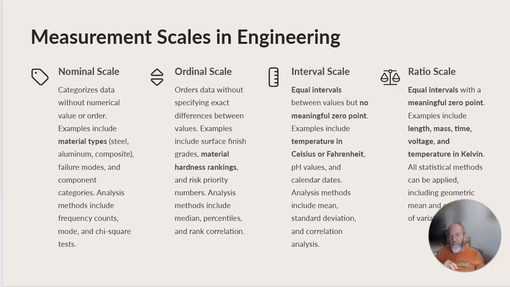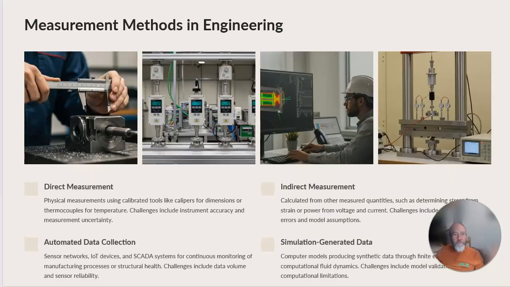The zero in Celsius and Fahrenheit, even though in Celsius it is associated with the freezing point and boiling point of water, is still an arbitrary number. We're not going to really beat you up on what these are because you're just going to use them. This is really just looking at the naming. You'll know what's nominal, ordinal, interval, and ratio without really having to think about the name of it.